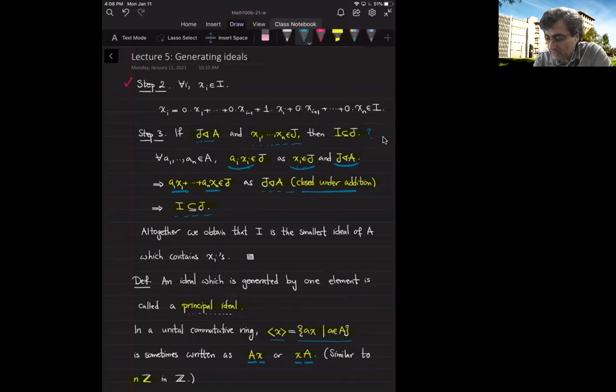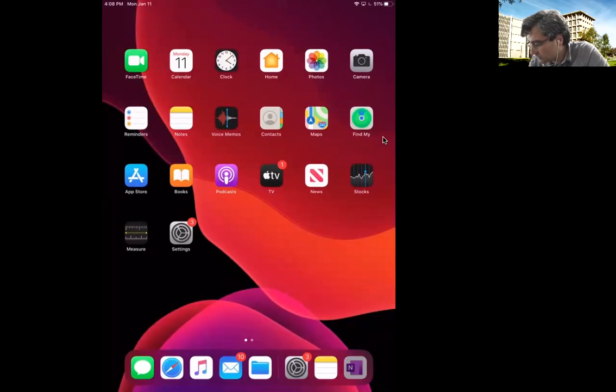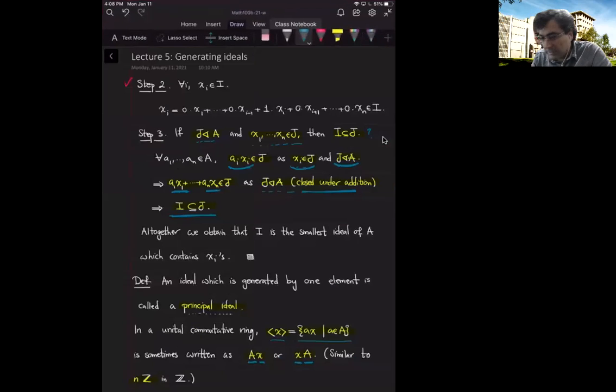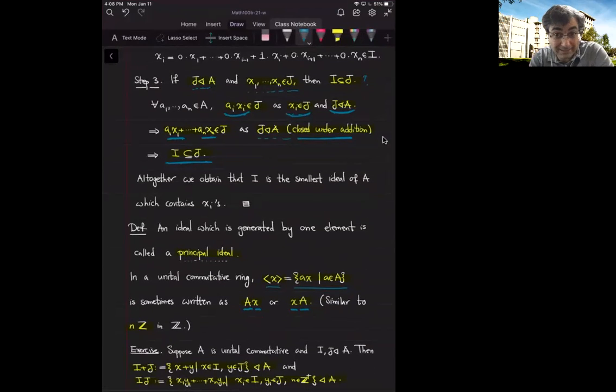This implies that I is a subset of J, and therefore it's the smallest ideal of A which contains the x sub i's.